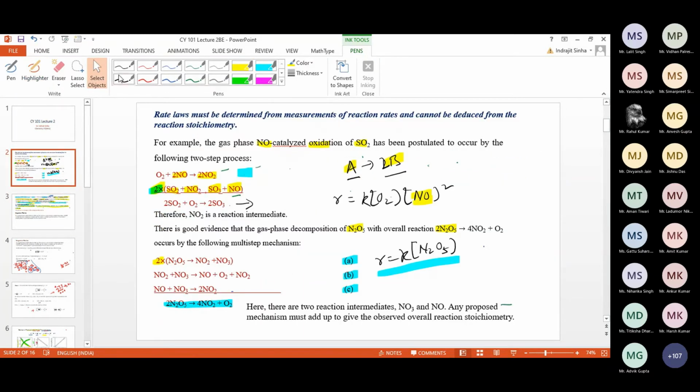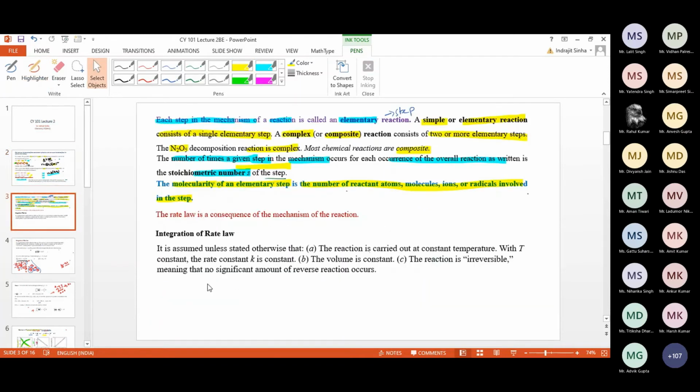These steps are elementary steps. This is a multi-step mechanism, but these are elementary steps. For each elementary step, you can talk about a molecularity, but not otherwise. You cannot talk about the molecularity of the whole reaction.